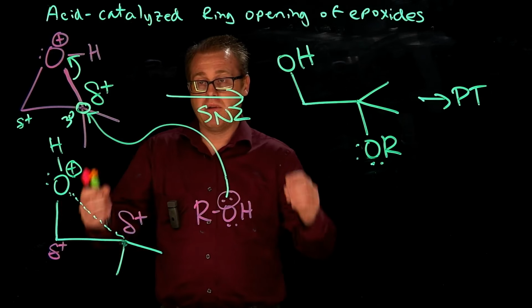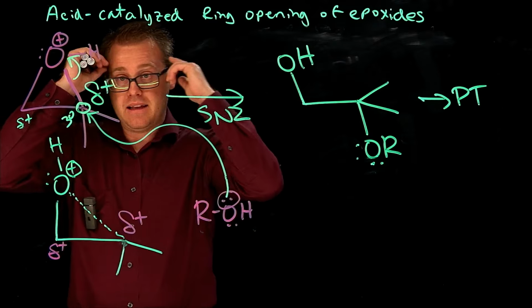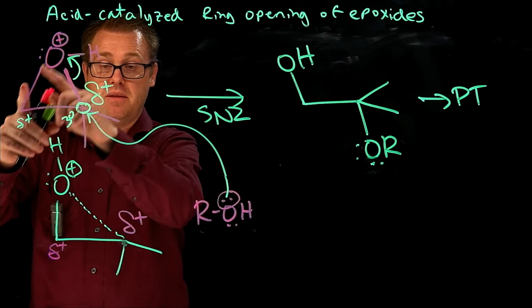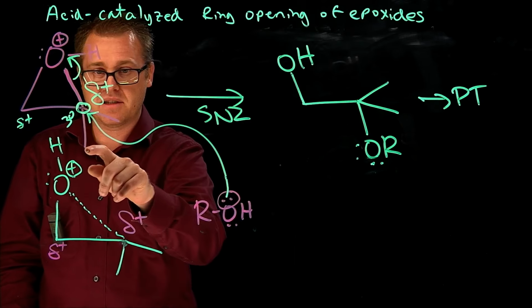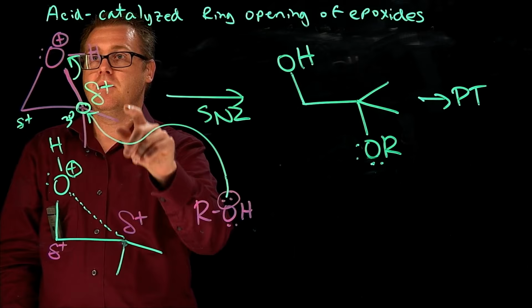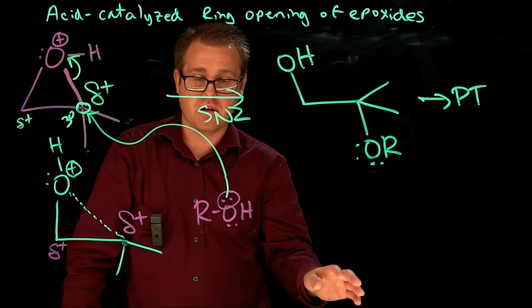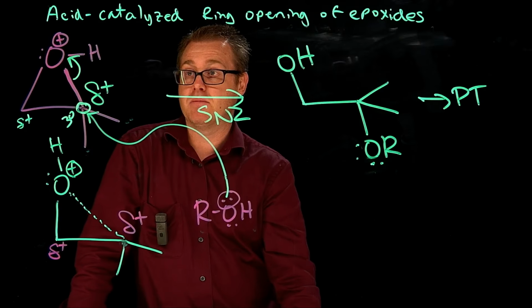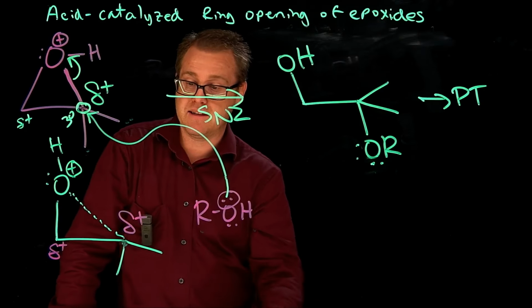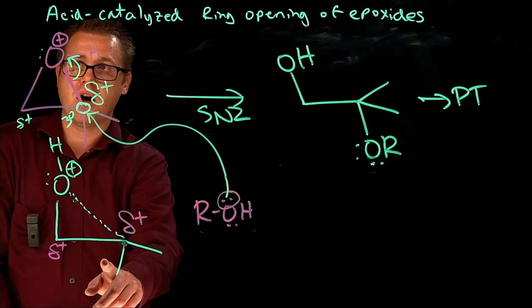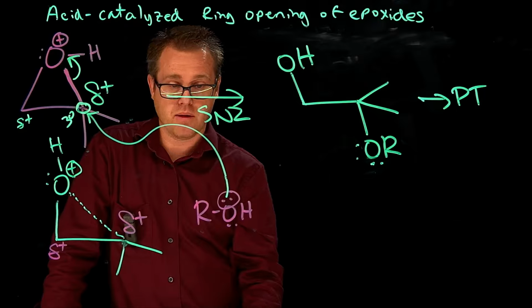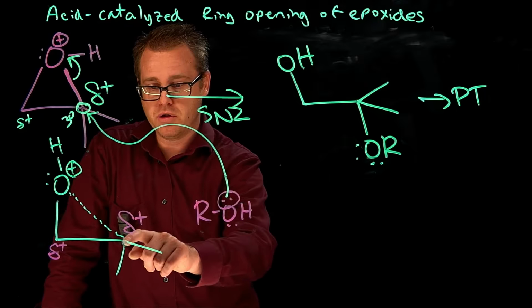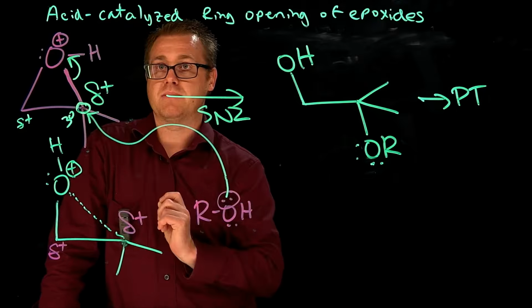So in summary, when you take a look at this epoxide, people may think the alcohol can't go to that carbon because of sterics. But there is a phenomenon that is more important than sterics, and that is the electronic effects. Because the electronic effects are more important, this alcohol is going to go to the more substituted carbon.